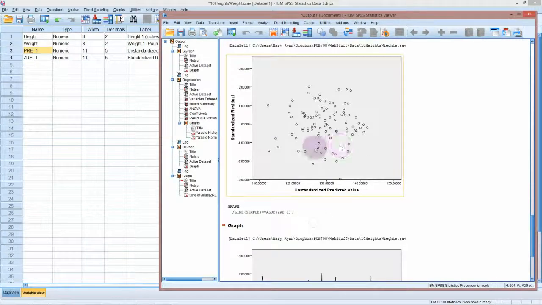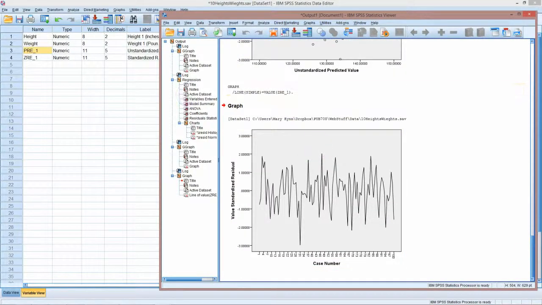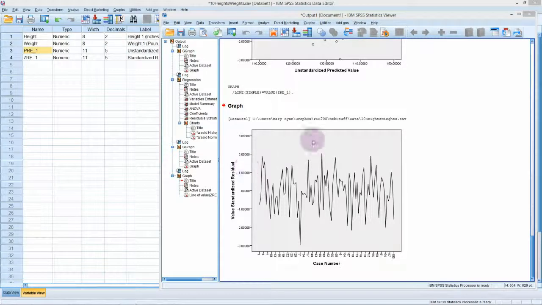Okay. So with this plot we're also looking to see that the errors are randomly scattered about, and in this case they do look randomly scattered. There don't appear to be any patterns in here, so I'm quite happy with all of this.